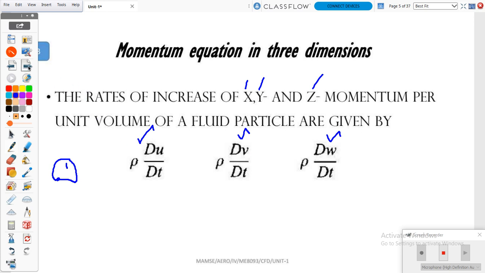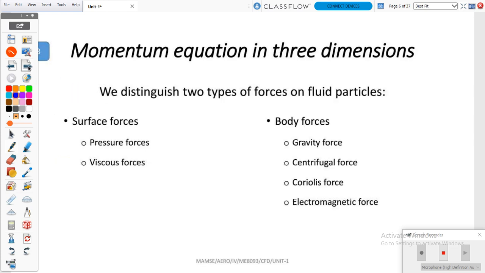Next we need to calculate the force values. The sum of all the forces is equal to the previous one, that is the momentum value. So we need to list out all the forces acting on our fluid particle. In our fluid particle we have two types of forces: the first one is the surface force and the second one is the body force.